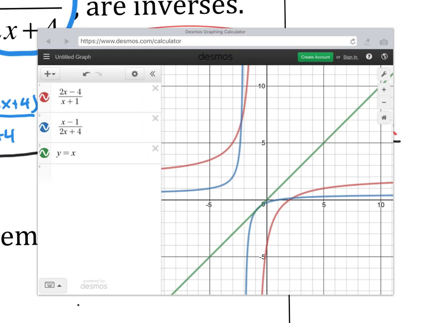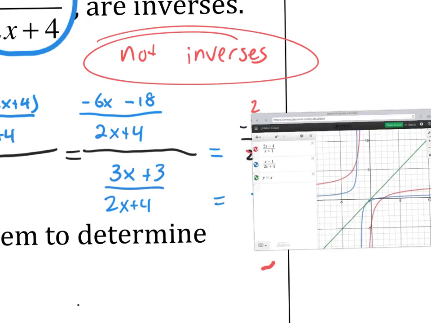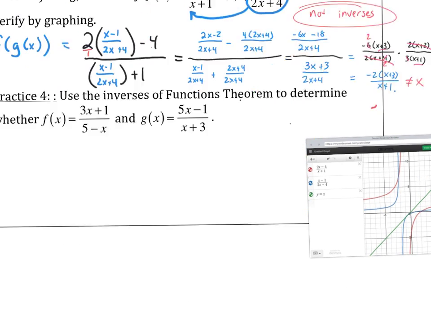So with all that arithmetic that we did, the answer was no. But had we just simply looked at the graph, we would have seen that this one did not map to the blue. It almost seems like the red maps to itself when we reflect it, but that's not what we're looking at. We're looking at from red to blue, and so we see that it doesn't work out. So that's the easiest way to actually do it.